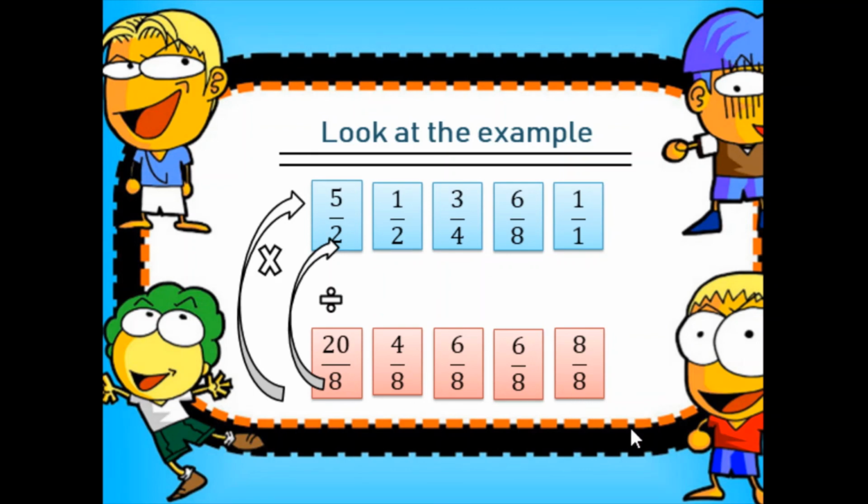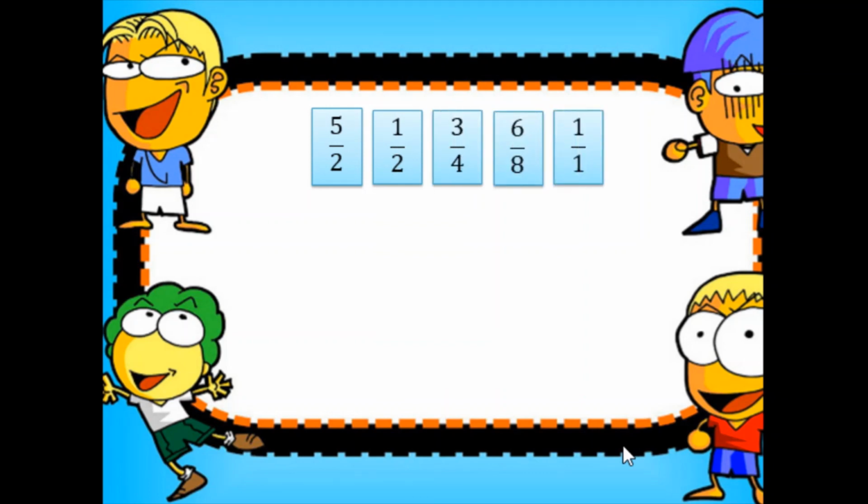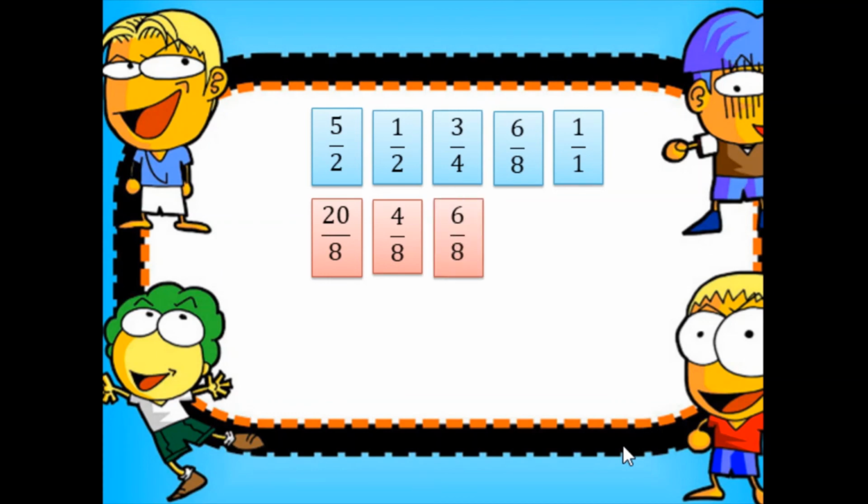Now, it's easy to arrange the fractions because their numerators are already changed and denominators are already the same. Now, we write the original fractions, 5/2, 1/2, 3/4, 6/8, 1/1. And their equivalent fractions, 20/8, 4/8, 6/8, 6/8, 8/8.